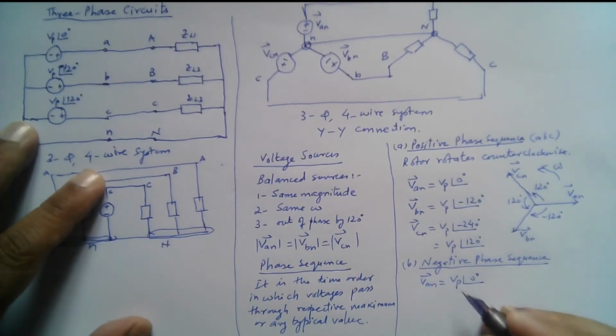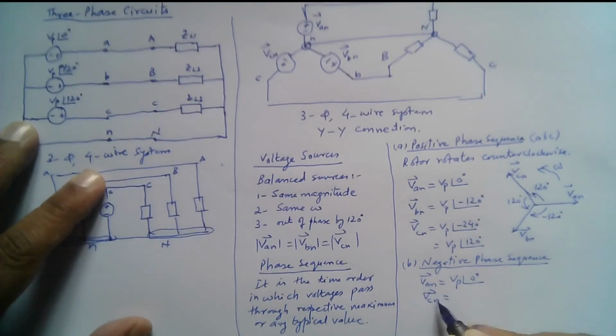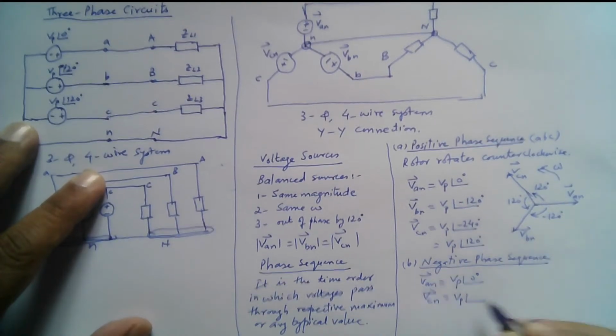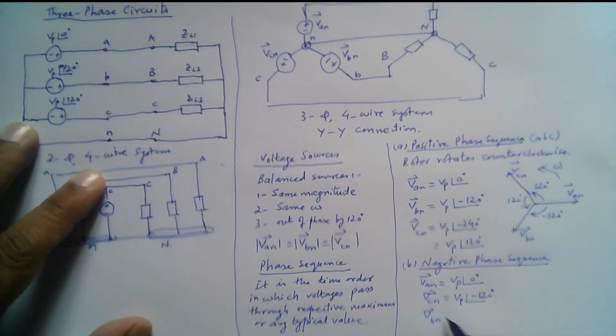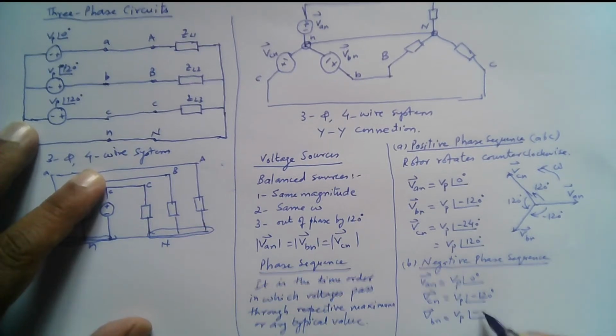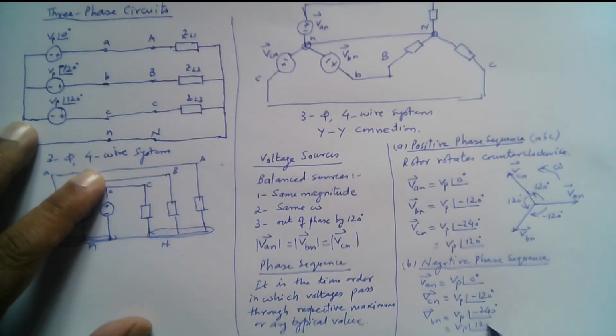Then VCN, not VBN here, VCN is equal to VP angle, the same voltage, minus 120 degrees, and VBN is equal to VP angle minus 240 degrees, or VP angle 120 degrees.